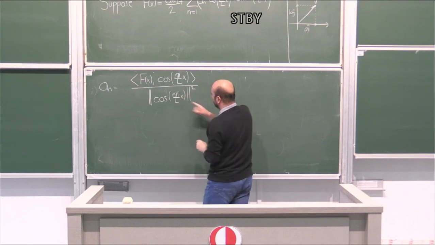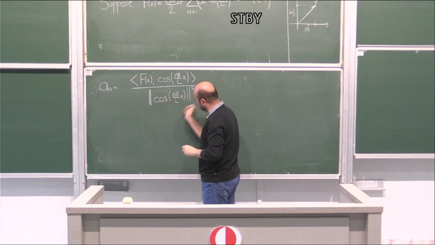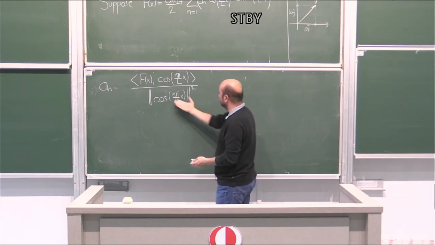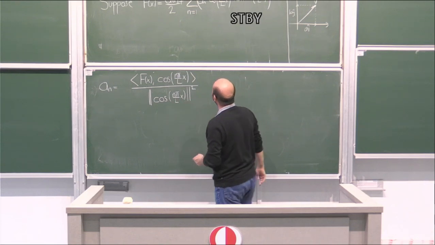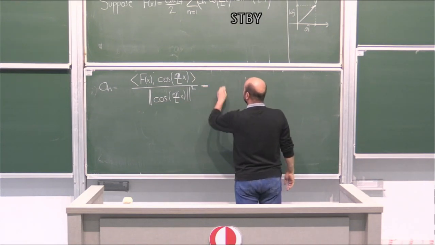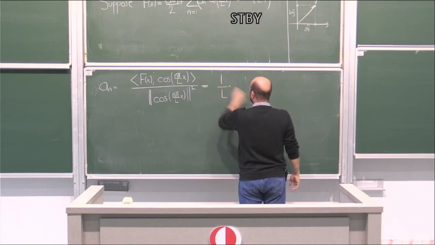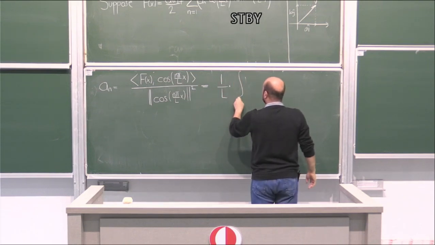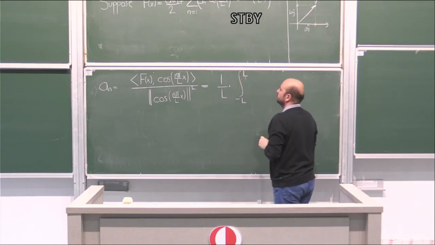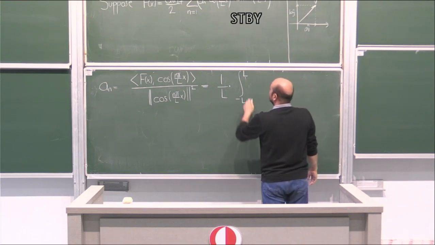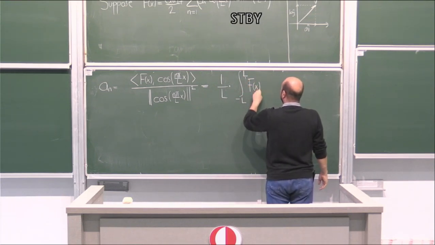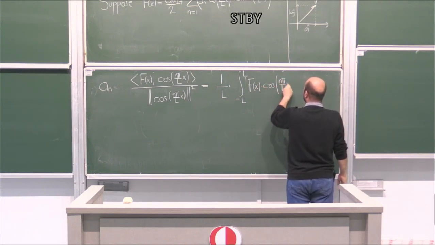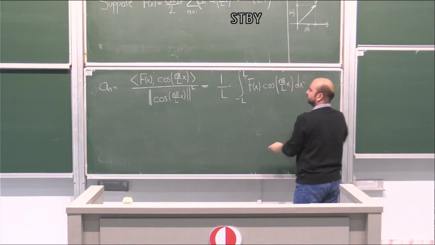So what is the norm square? Norm square means cosine dot with cosine. But we already computed that one, and that was L. So this formula is then 1 over L times, what is this thing? This is just an integral from minus L to L of f of x times cosine n pi over L x dx.